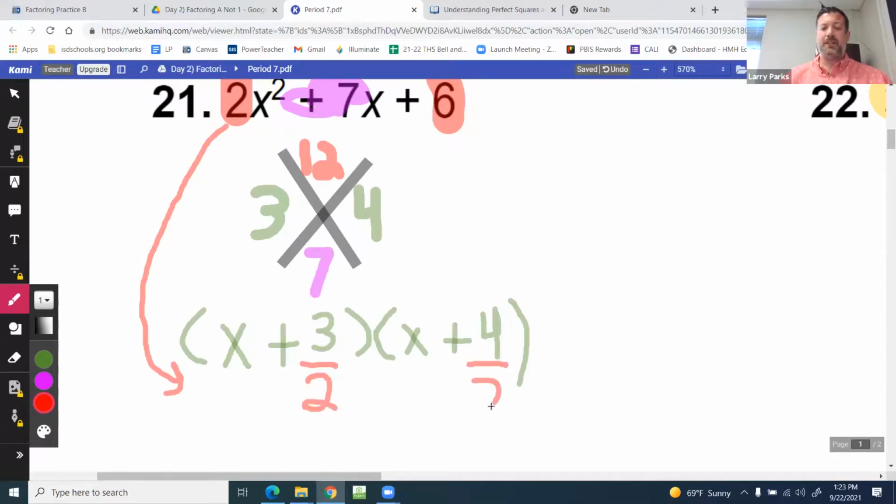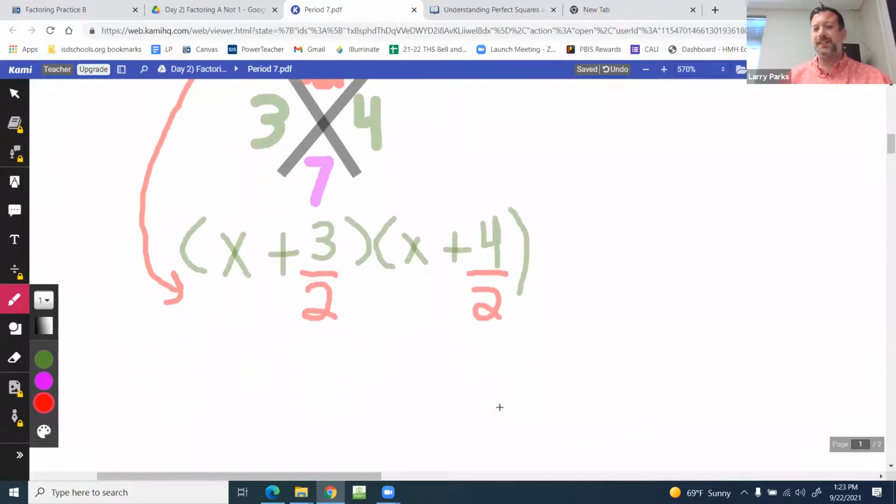And I'm glad I chose this problem because there's different things going on. 3 over 2 does not reduce. So what do we do? Well, we'll just write that down again, x plus 3/2. You're going to eventually slide the 2 over. 4 over 2 reduces. 4 divided by 2 is 2. So I put x plus 2.